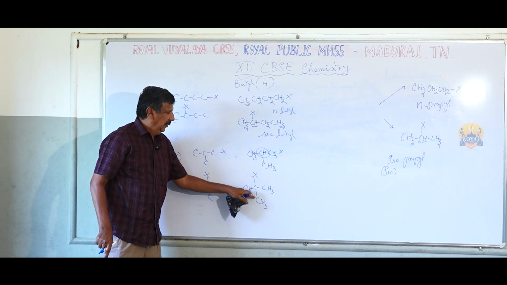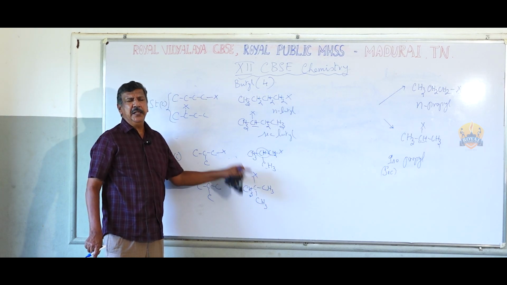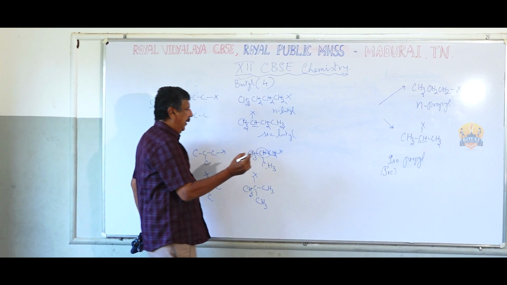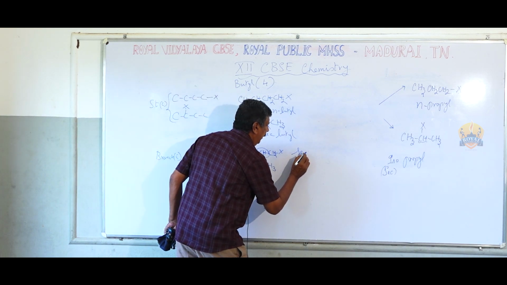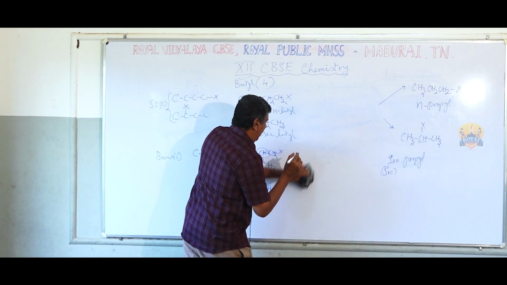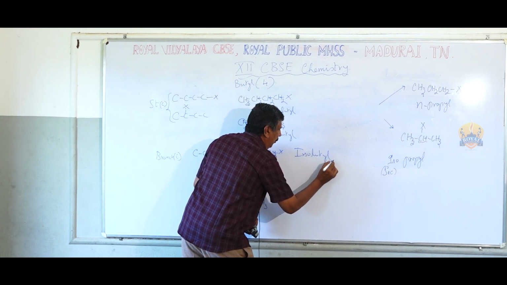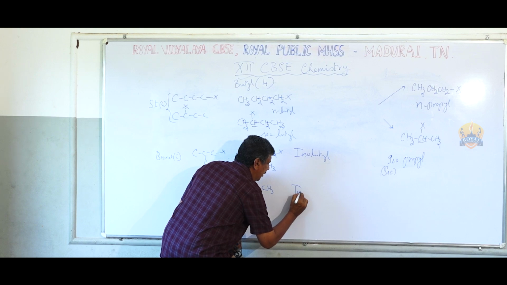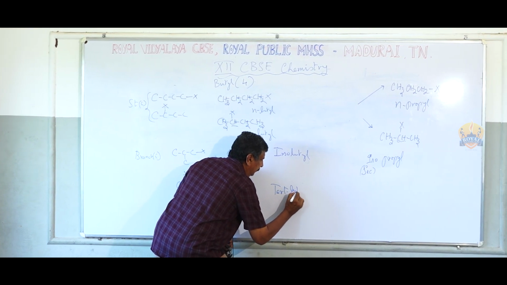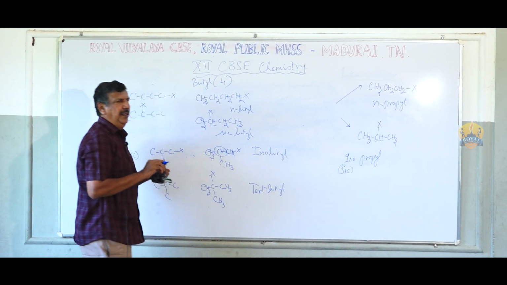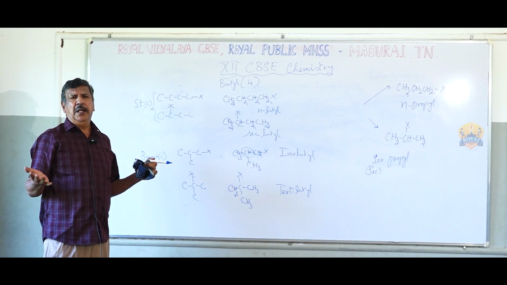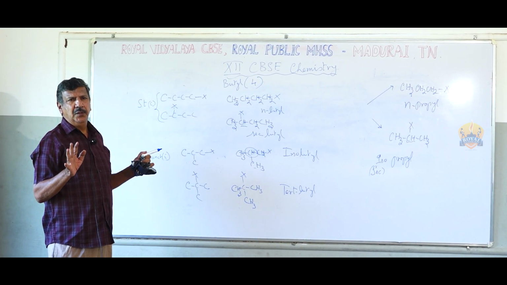If you have 2 groups, there is no hydrogen. That's all. So, what about the name? This is isobutyl. This is tertiary butyl. Isobutyl, tertiary butyl. This is the difference.